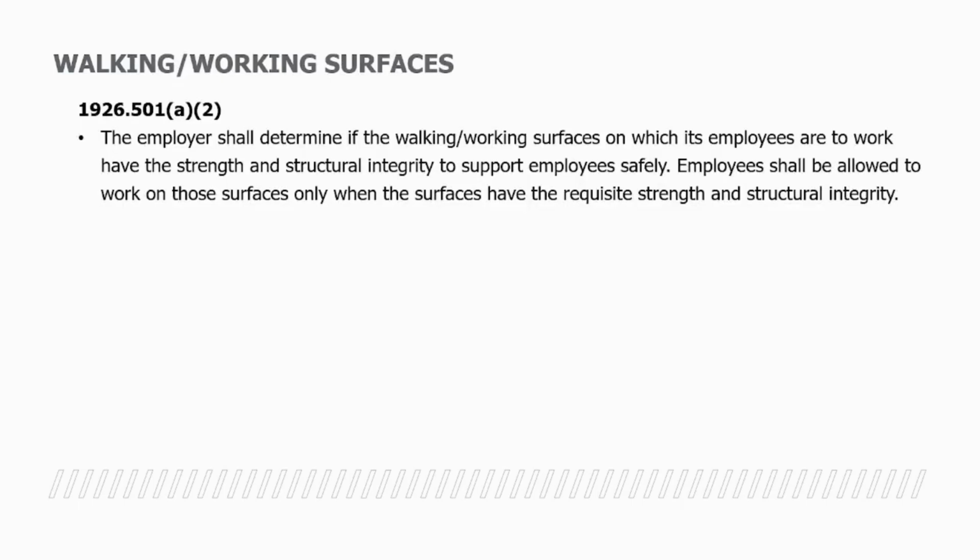Walking working surfaces, 1926.501 A2. The employer shall determine if the walking working surfaces on which its employees are to work have the strength and structural integrity to support employees safely. Employees shall be allowed to work on those surfaces only when the surfaces have the requisite strength and structural integrity.